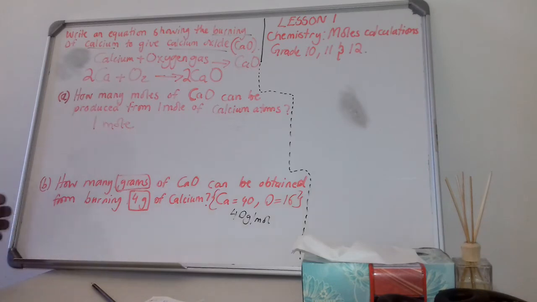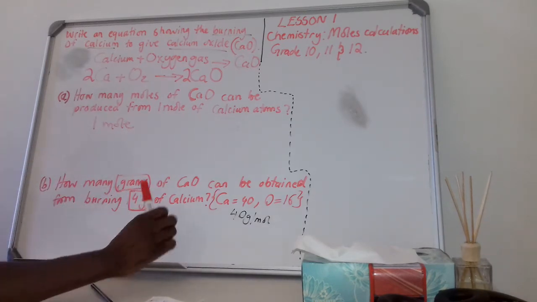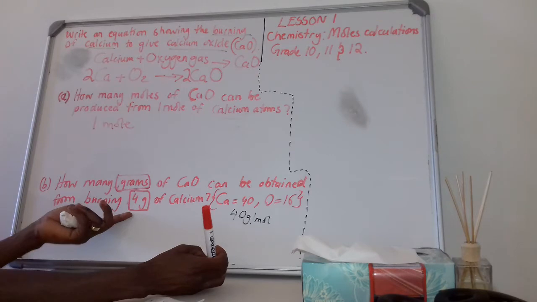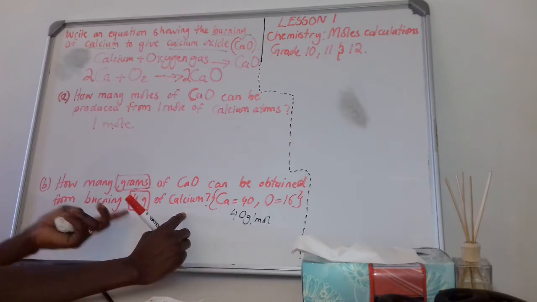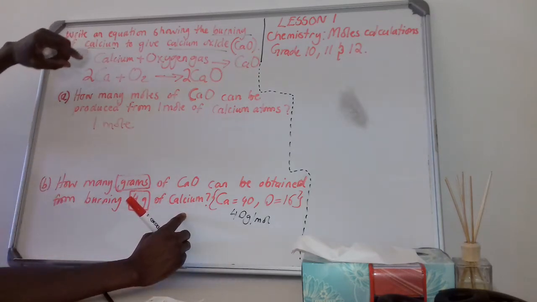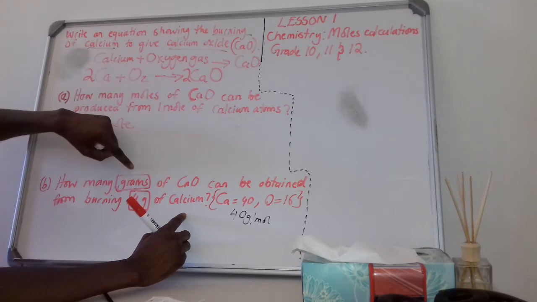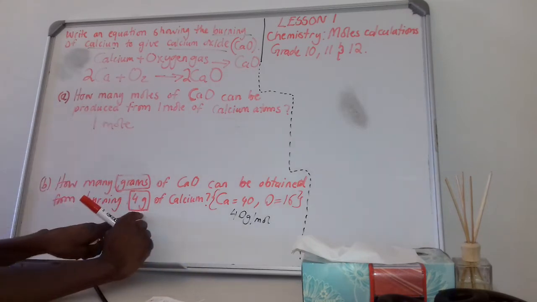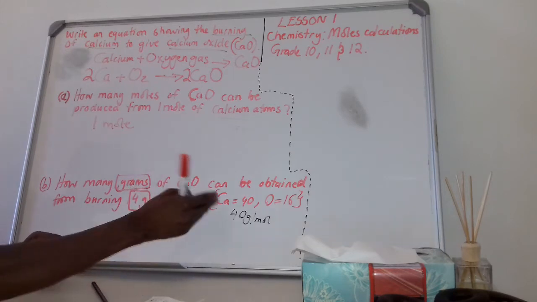Now for part B, we want to figure out how many grams of calcium oxide can be obtained from burning 4 grams of calcium. Grams, this is mass. So that means we must convert these grams of calcium to moles.